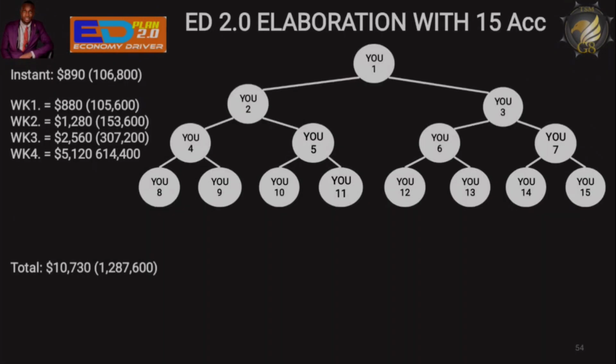And then we also have, you can get started with the 15 profit centers of ED 2.0, and immediately you get started, you're going to make a return on investment immediately, an instant cashback of $890. Okay, and then in your first week, when you start building your business, you're going to be able to make an average of $880.